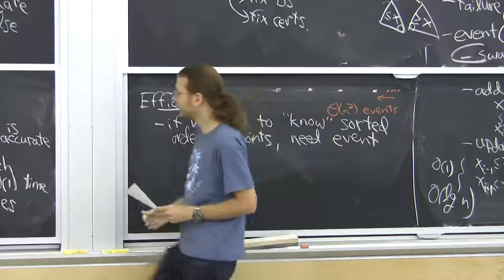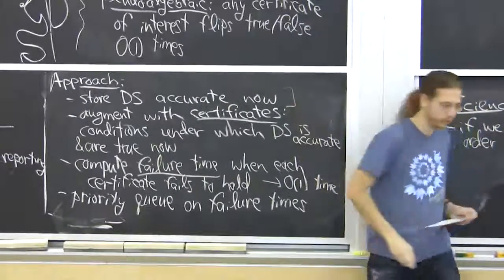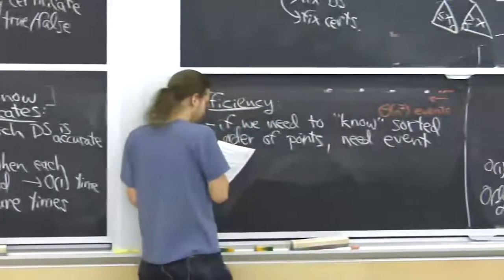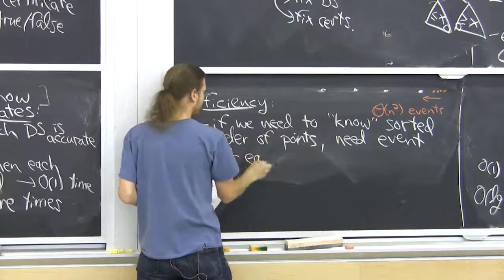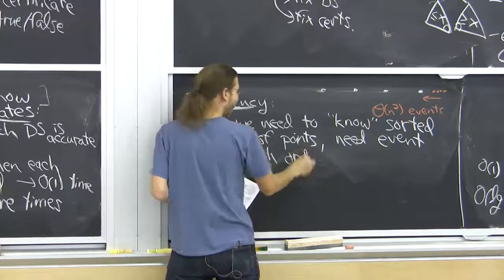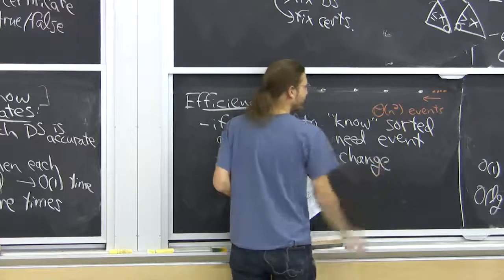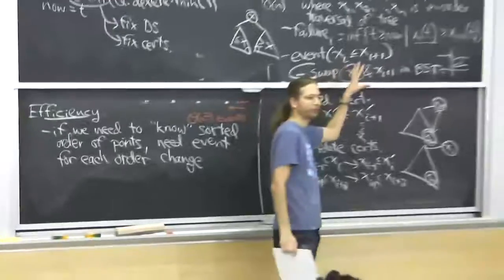If we're going to keep a data structure that is always accurate now, so this is sort of an assumption, then you need an event every time you have an order change. That's sort of a tautology, but it's a perspective. And what's happening here is that we have an event every time there's an order change.